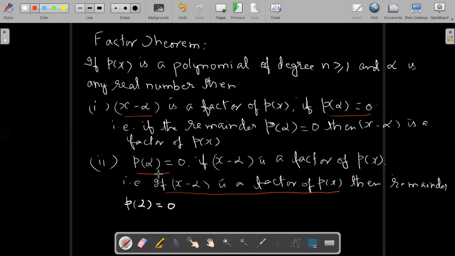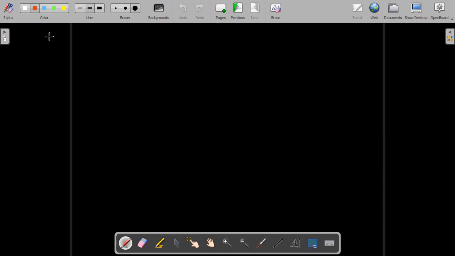If it is given that it is a factor, then the remainder will be 0. So the way of doing it is the same, we just have to check whether it is a factor or not. So I will take one example.